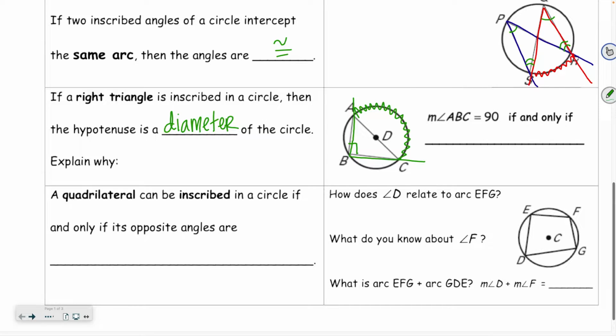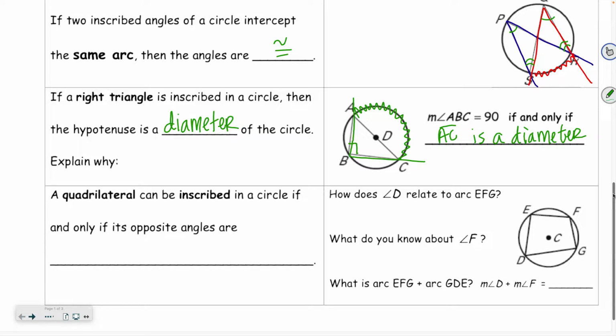So angle B is inscribed, and it's half of that semicircle. So the measure of angle ABC is 90 if and only if AC is a diameter.